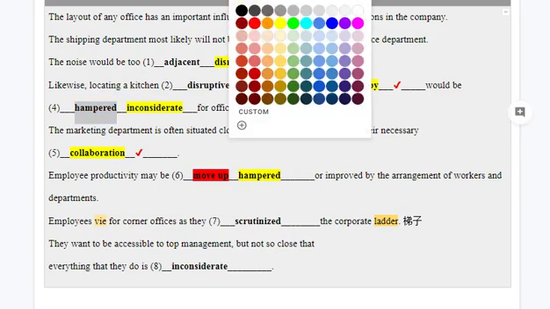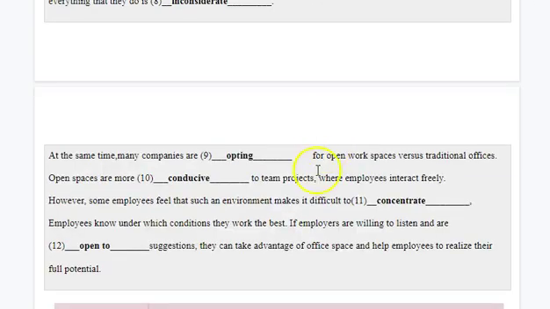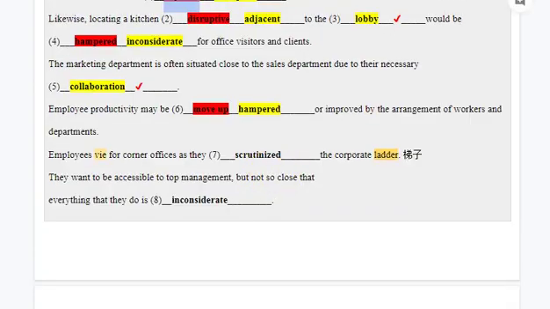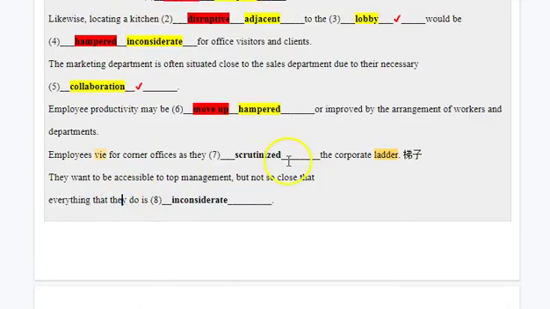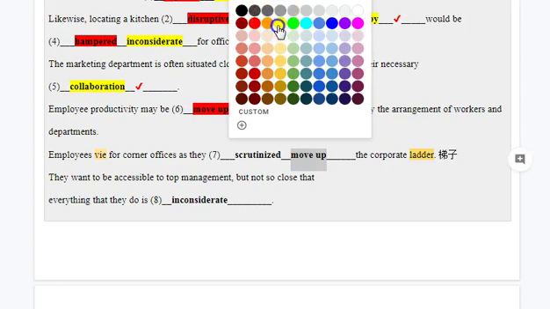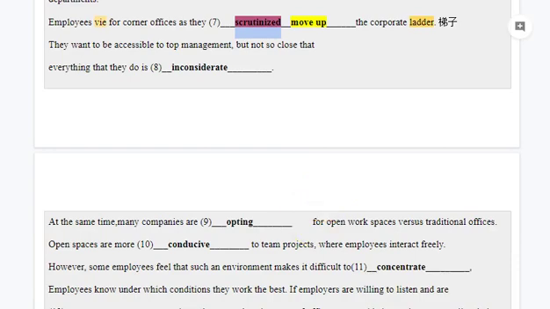Employees vie for corner offices as they scrutinize the corporate ladder. They want to be accessible to top managers, but not so close that everything they do is inconsiderate.